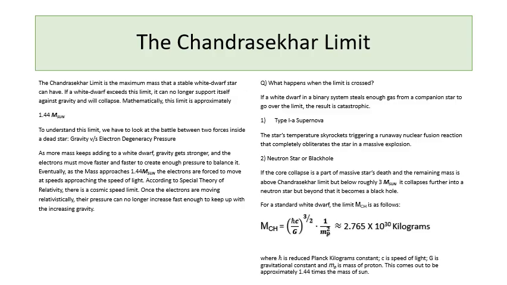So these electrons have to move faster. As I told you, they will keep moving faster until they don't have any room to do that. They will keep moving faster and faster to create enough pressure to balance out the gravitational pull. And as soon as the mass approaches this Chandrasekhar limit, the electrons will be forced to move at relativistic speeds, that is, approaching the speed of light.